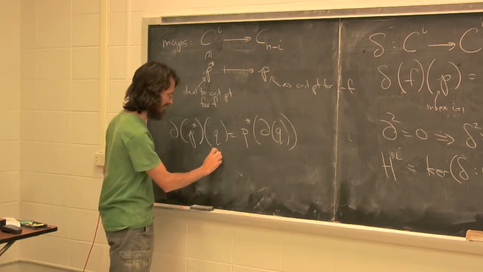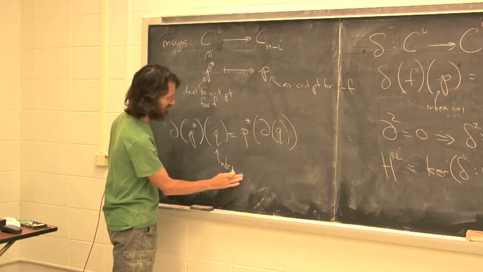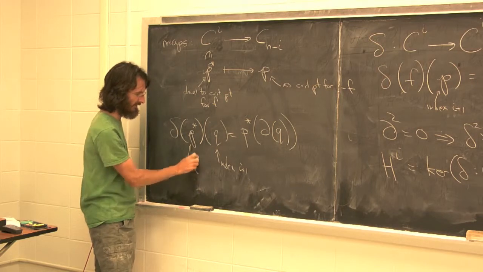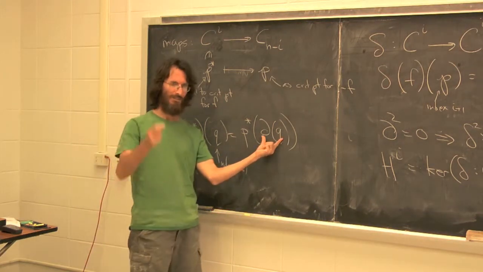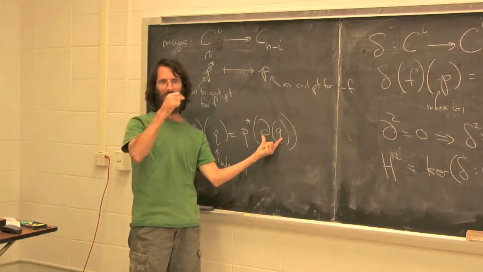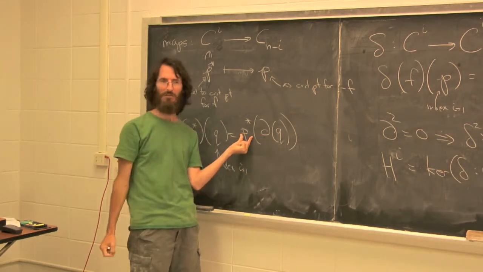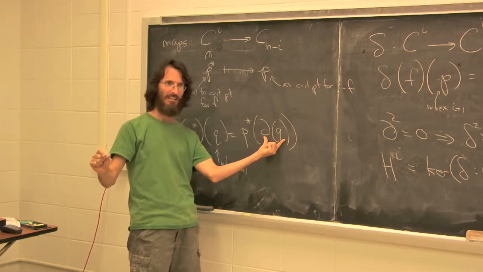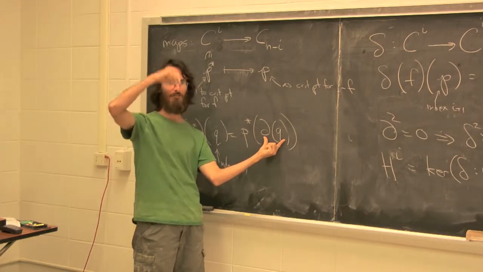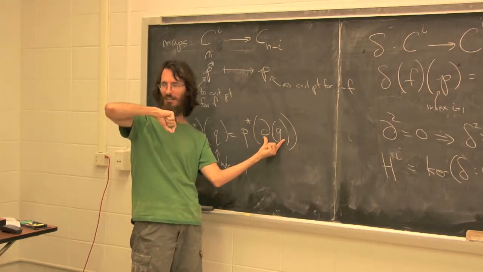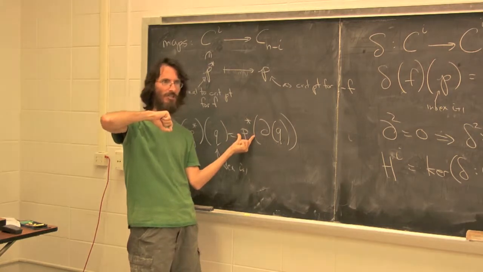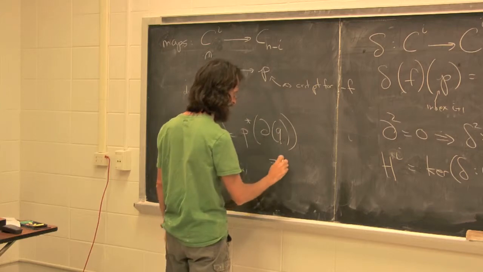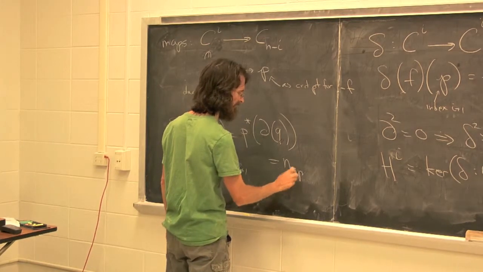Now Q is index i plus 1, and P is index i. Boundary of Q counts flow lines from Q down to things of index i, so boundary of Q will be a linear combination of critical points of index i, with the coefficients being the number of flow lines from Q down to that critical point. P star just looks at the P component of it. So this is simply the number of flow lines from Q down to P.